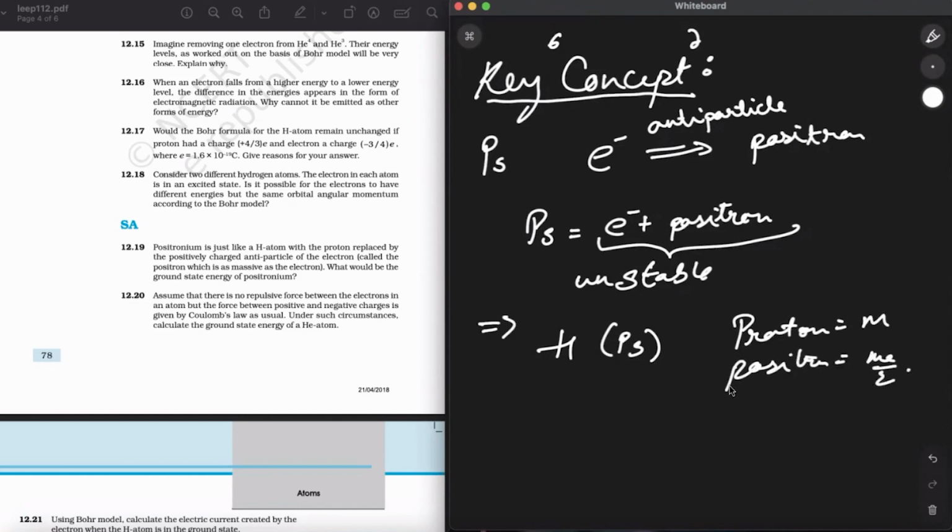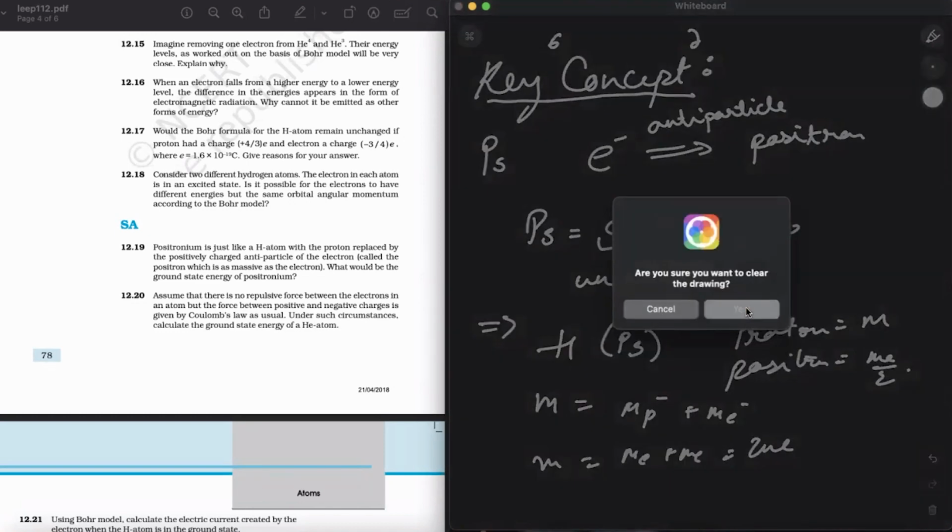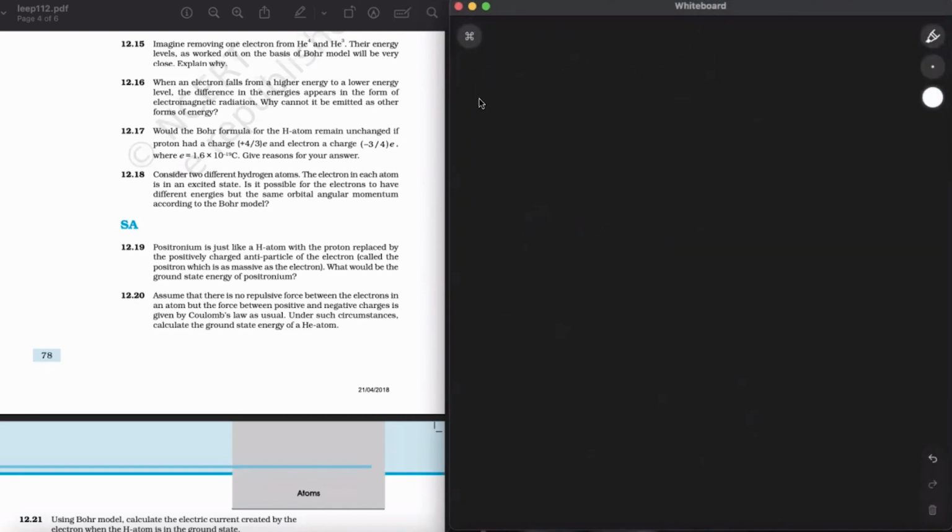The mass m can be written as mp plus me, which is initially 2me. Now I write the positronium mass. Positronium mass can be written simply as me by 2. So as En is minus 13.6, what will the energy of positronium be?